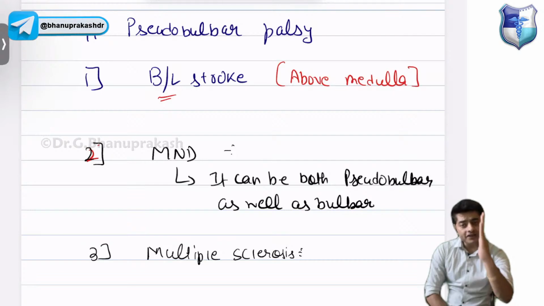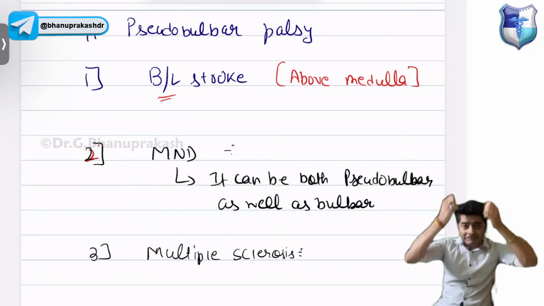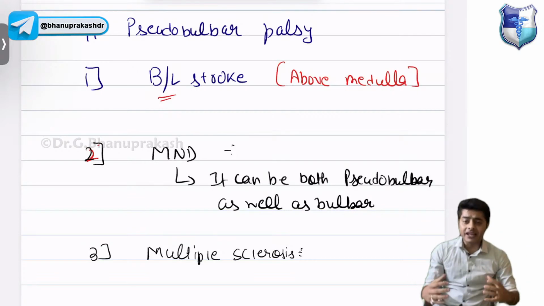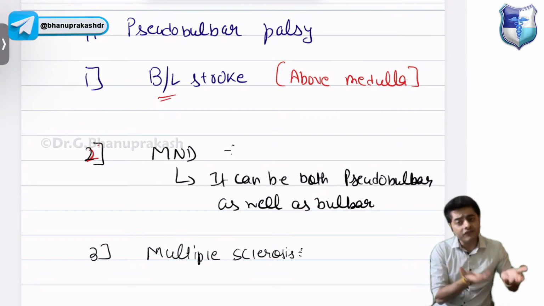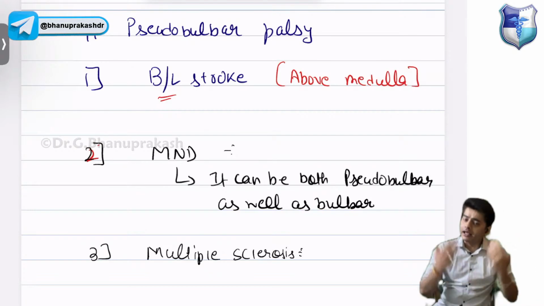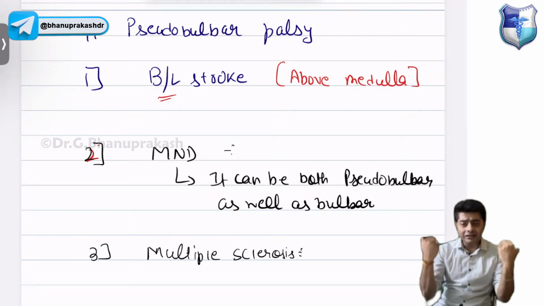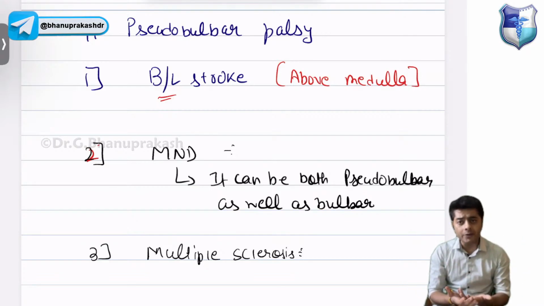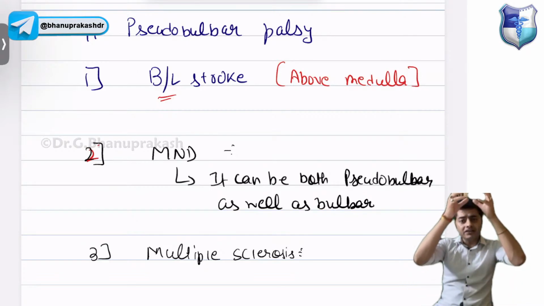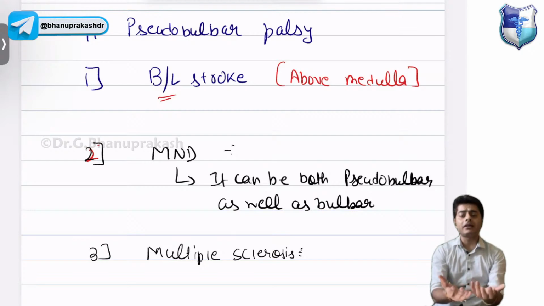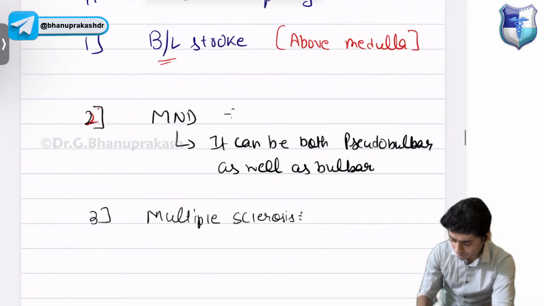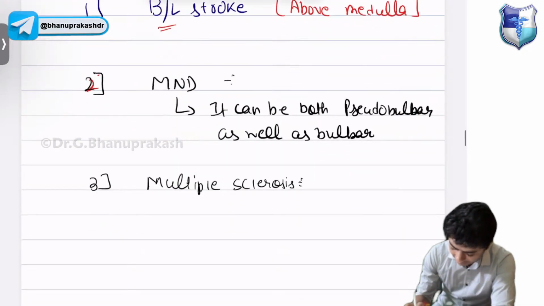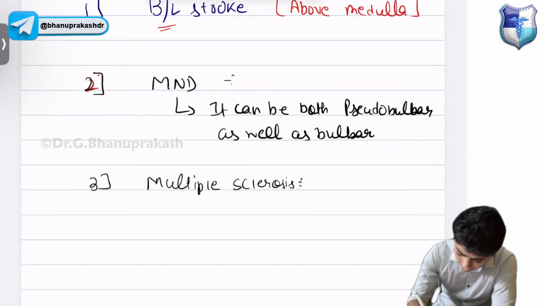If the tracts coming from the cerebral cortex are demyelinated, the corticobulbar tract is affected. Multiple sclerosis is bilateral all the time, so demyelination of the corticobulbar tract will present as pseudobulbar palsy.